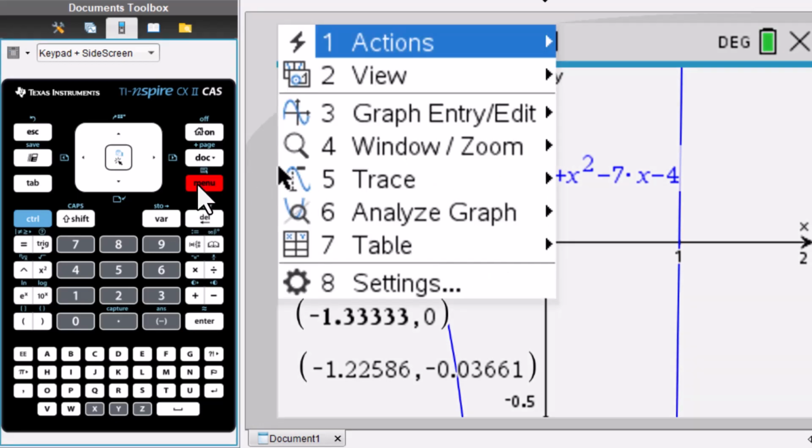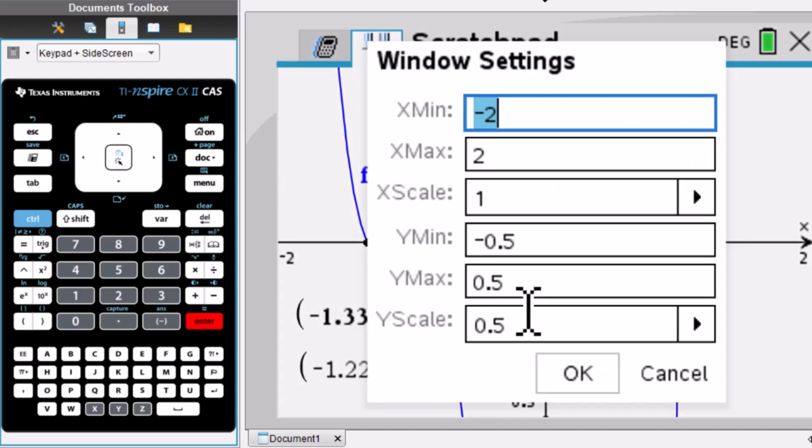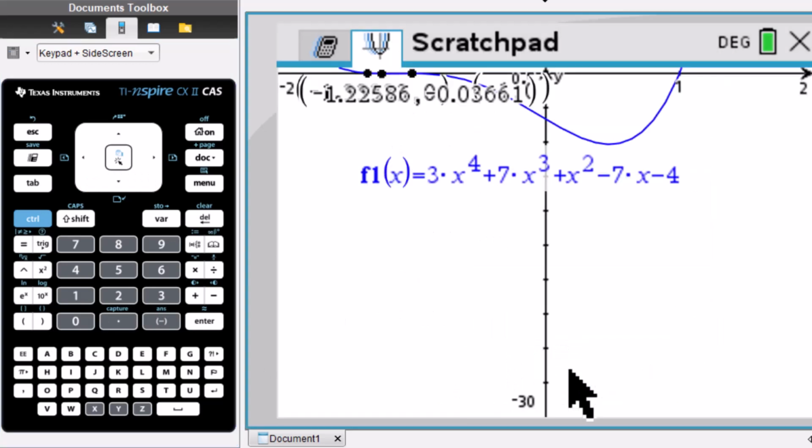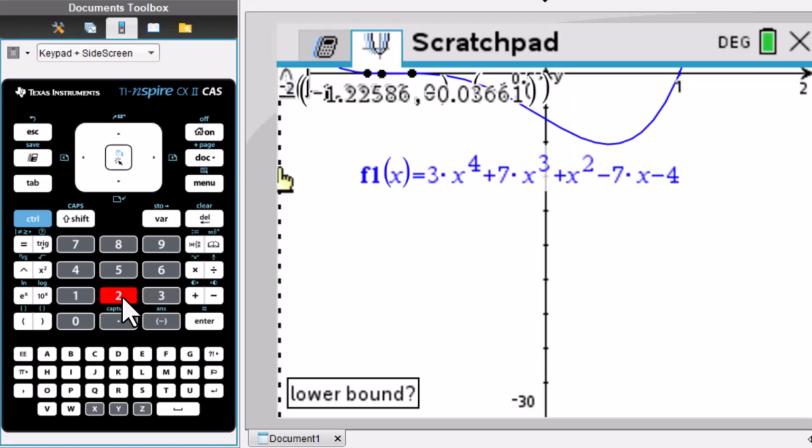Go to menu 4, enter. We only need to change y minimum, negative 30. Let's change into 3, enter. It's an ugly window, but we can figure out this minimum point using this window. So menu 6, 2.